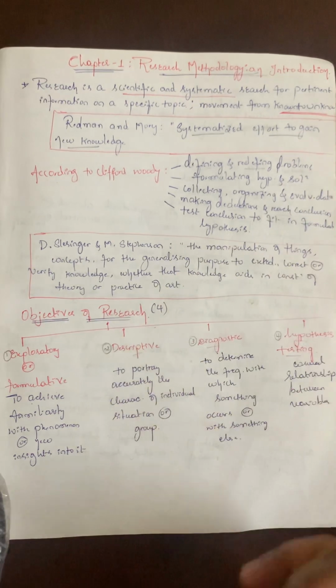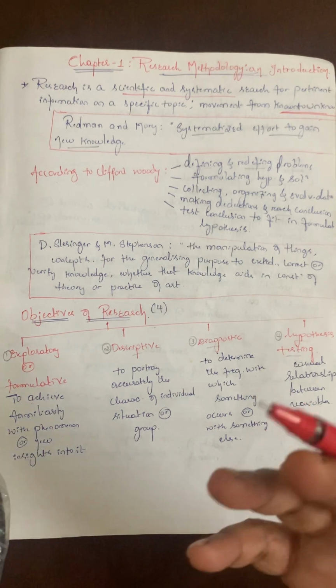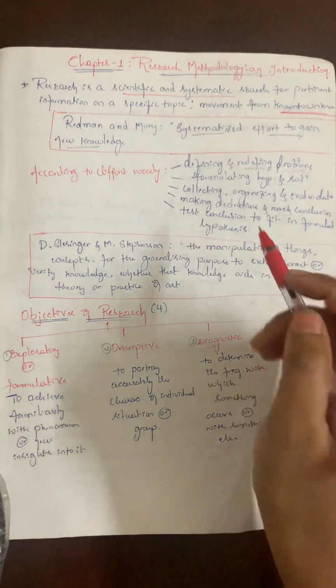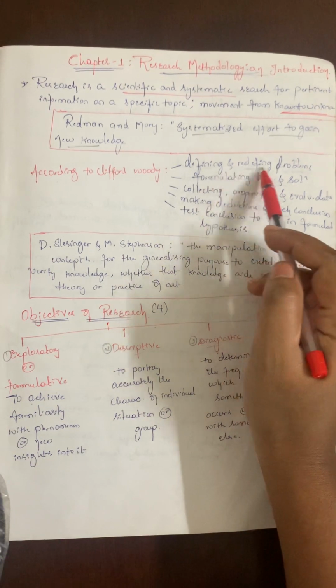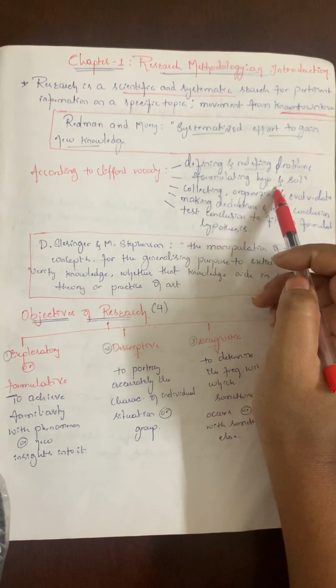Because the problem statement that we have chosen to answer might not be correct, right? We need to paraphrase it as many times as possible. We need to reframe it as many times as possible in order to make it clear, precise, accurate, and to the point, right? Once you define and redefine the problem statement, you will have to formulate the hypothesis.